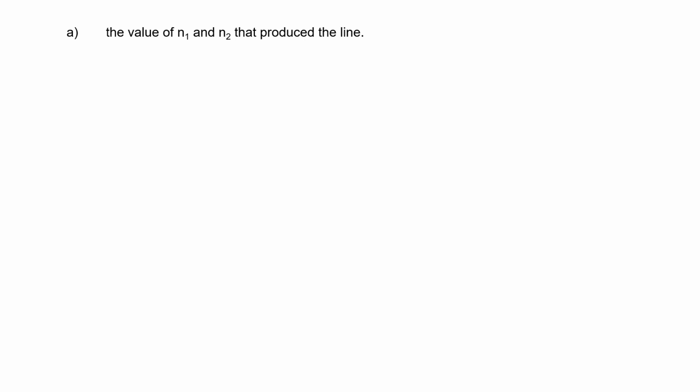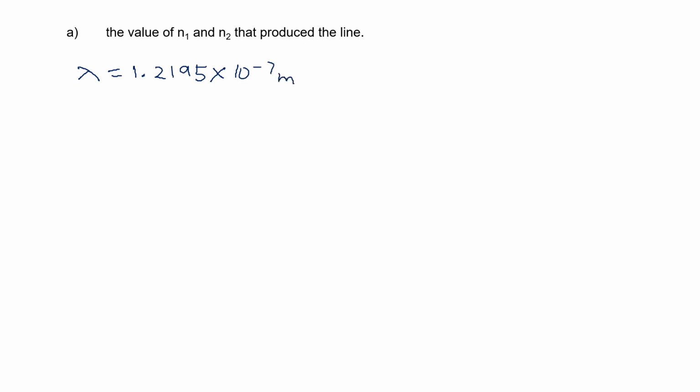Actually, the value of N2 can also be calculated from the wavelength values. We calculated just now in question B that the wavelength value for this line is 1.21 times 10 to the power of negative 7 meter.